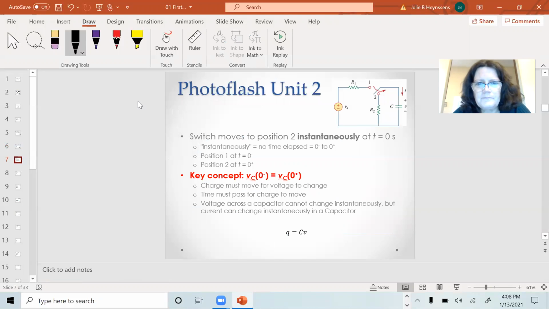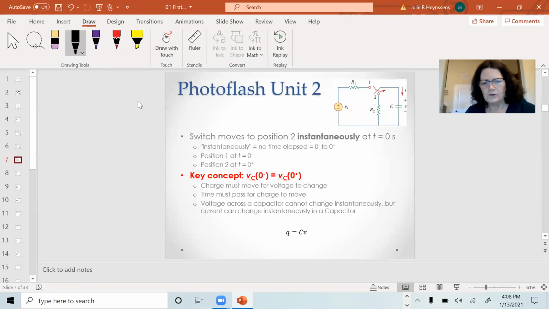Okay. Now the next thing that's going to happen is the switch is going to instantaneously, taking 0 amount of time, move from position 1 to position 2. One little infinitesimal surge of current. And we talked about this yesterday. Energy in a capacitor is stored in the form of charge.